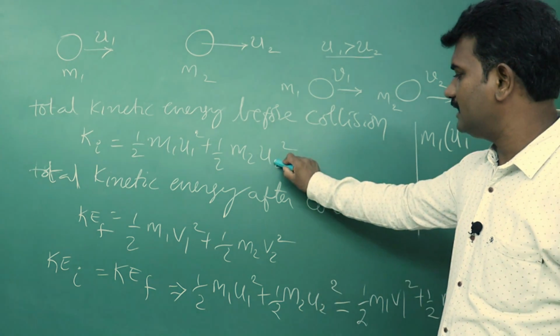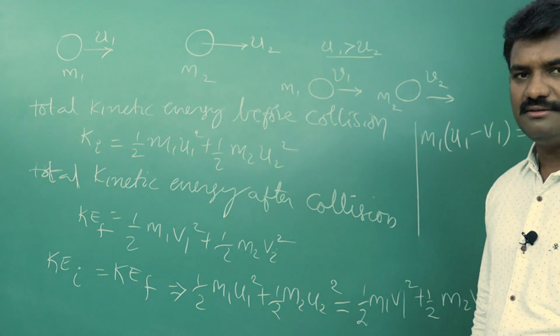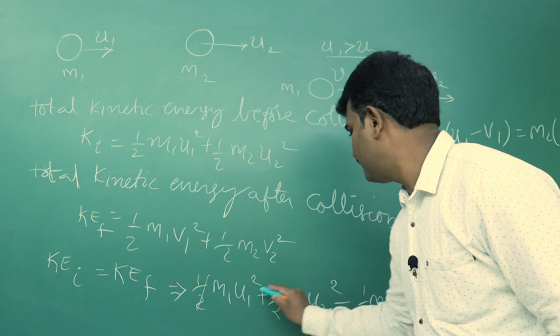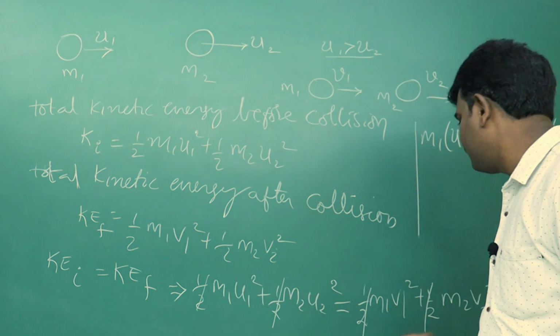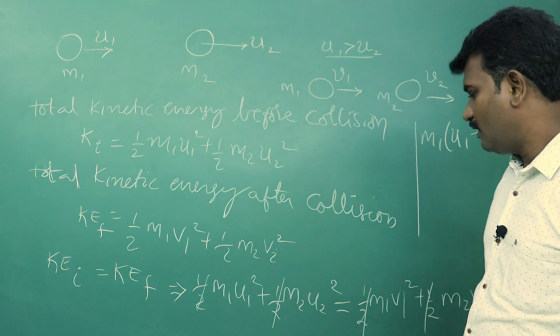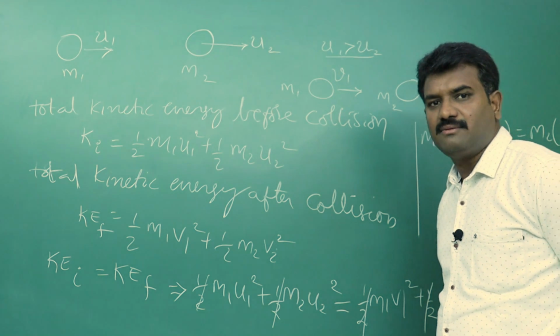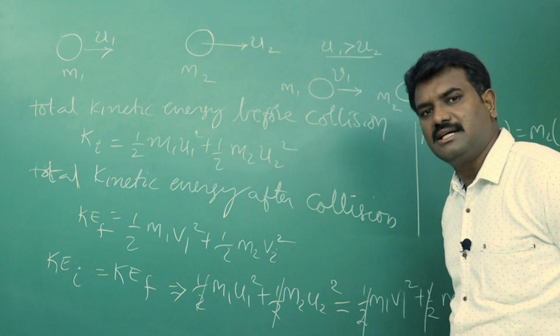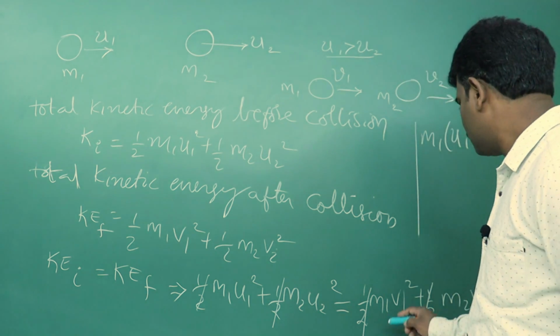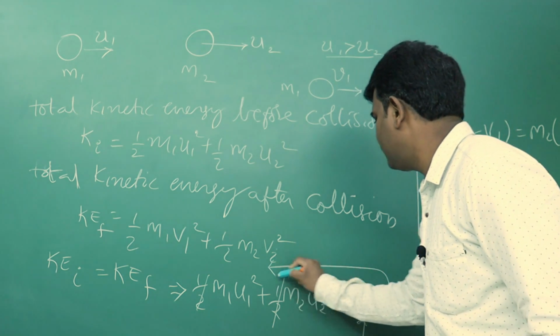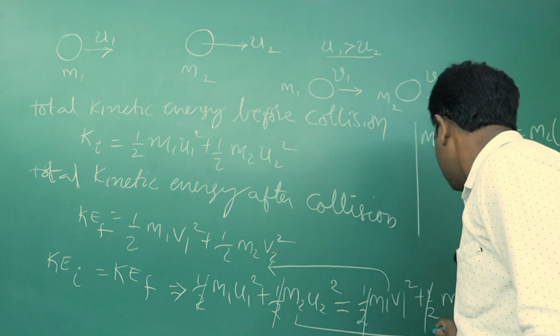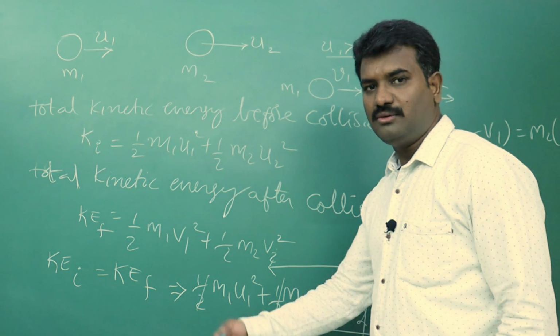I have just equated this equation and this equation. This half gets cancelled. Now I am going to write m1 terms on one side and m2 terms on the other side. So I am going to take this in the left direction. This is towards the right direction, and I am going to write this.